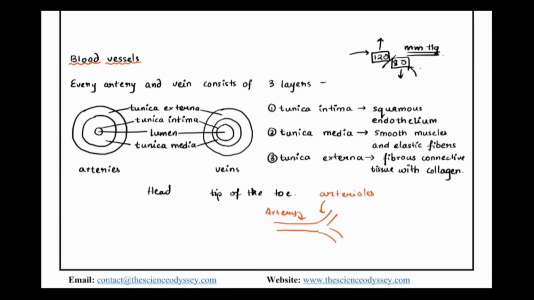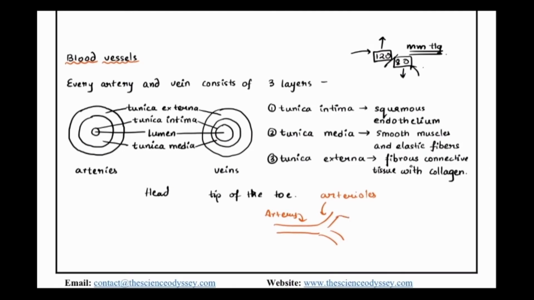They break off into arterioles and they further break into fine vessels, which are called capillaries. When the blood flows through the capillaries, the oxygen is delivered to the extracellular fluid, that is the fluid outside the cells. And from that fluid, the cells take up the oxygen.